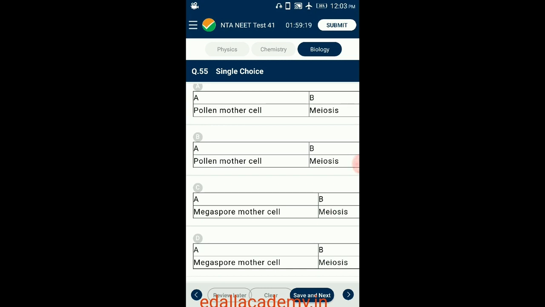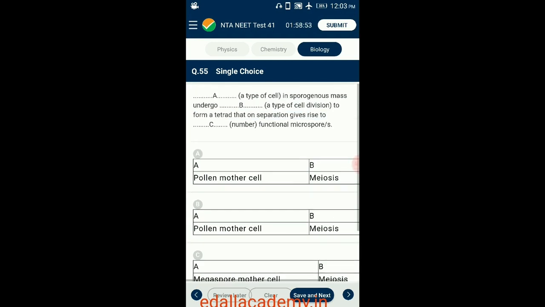The process of formation of microspore from pollen mother cell through meiosis is called microsporogenesis. The microspores, as they are formed, are arranged in a cluster of 4 cells, the microspore tetrads. As the anthers mature and dehydrate, the microspores dissociate from each other and develop into pollen grains. So the correct option is option A.